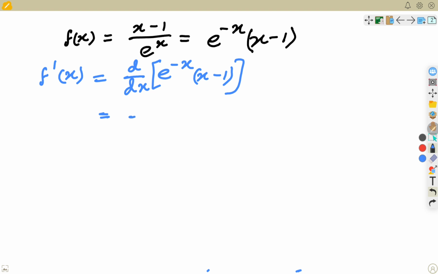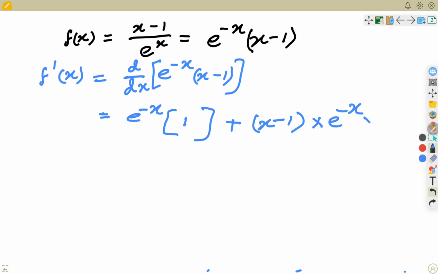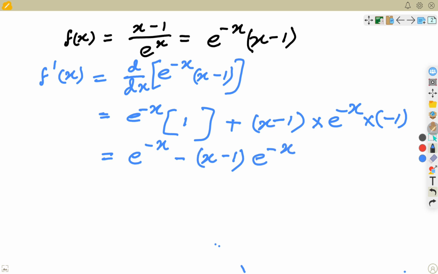Using the chain rule, the first derivative becomes e to the power minus x minus (x minus 1) multiplied by e to the power minus x.